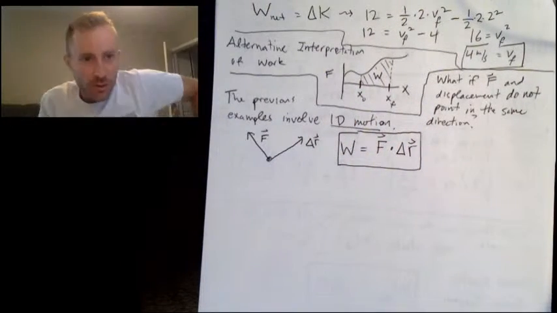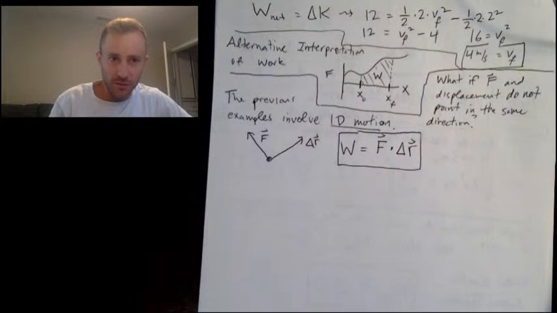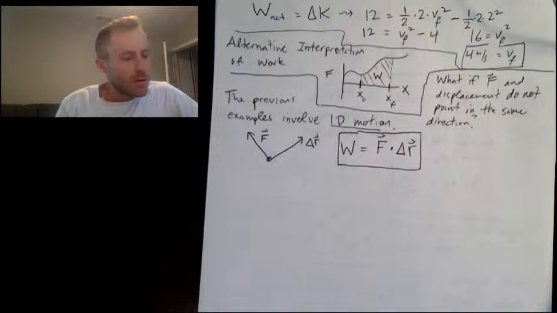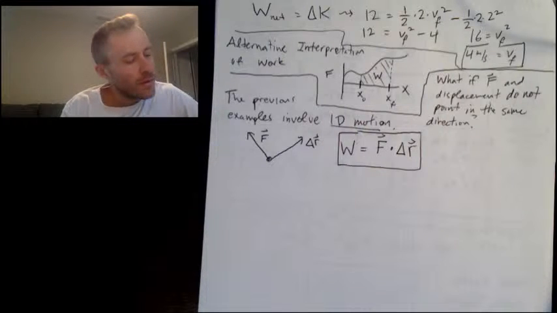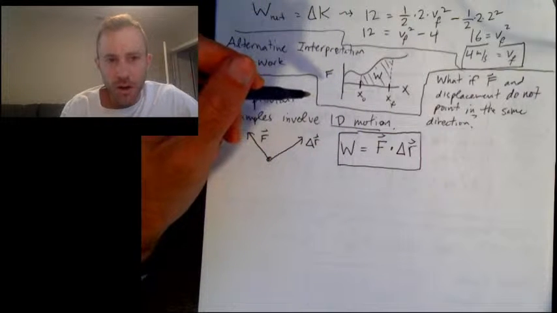This is essentially the whole reason why we learned the dot product, so that when we got to work, I could write down that formula. Work is force dot product with displacement.